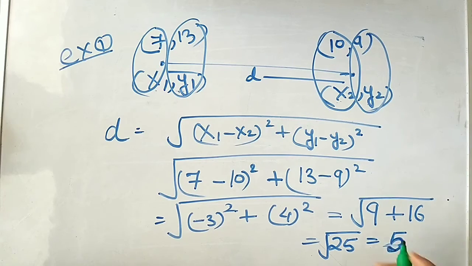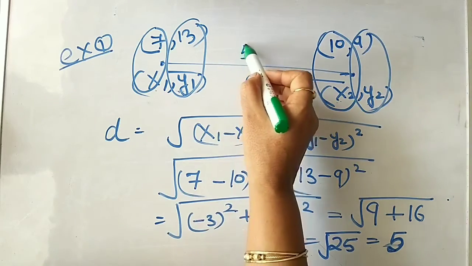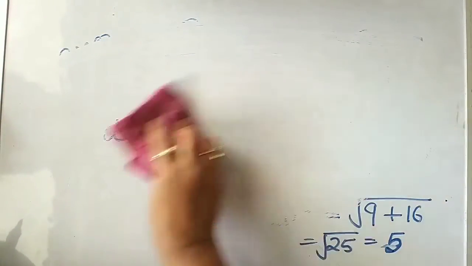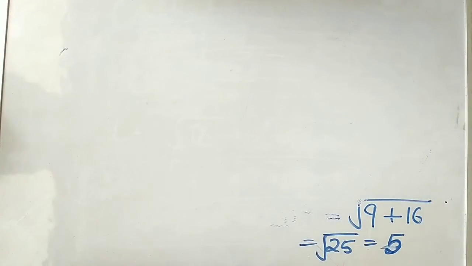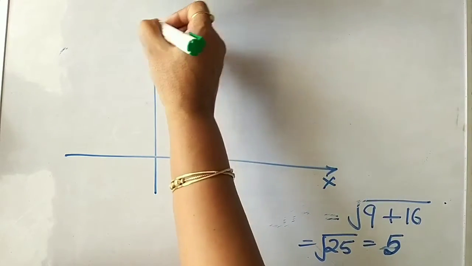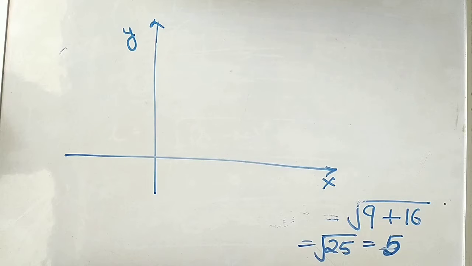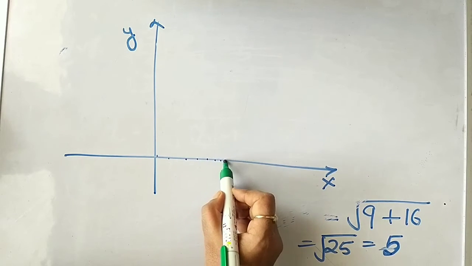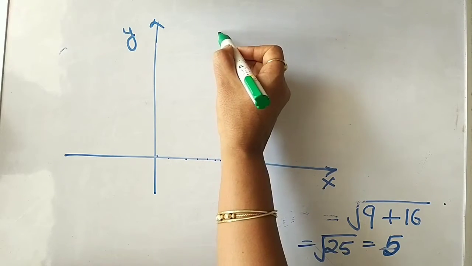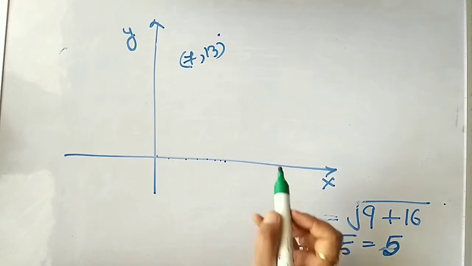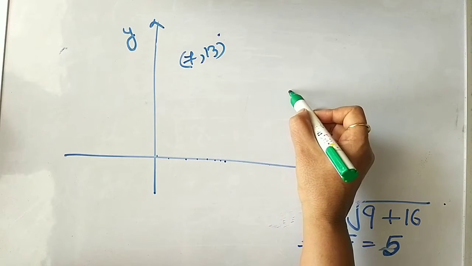So that means if you have these points on a coordinate system, the distance is 5. Let me show you once again. If we make a proper diagram of those two points in the coordinate system, suppose this is your x and y. The first point is somewhere, 7, 13. The next point, 10, 9, is somewhere here.